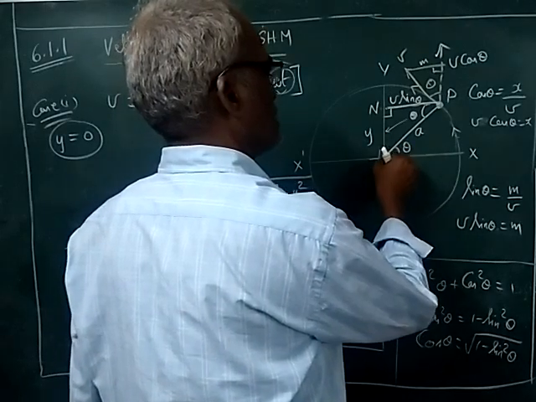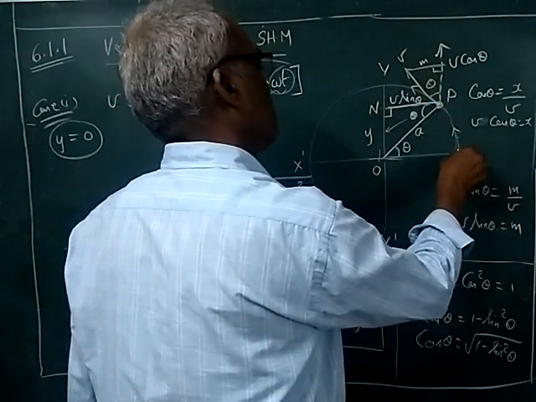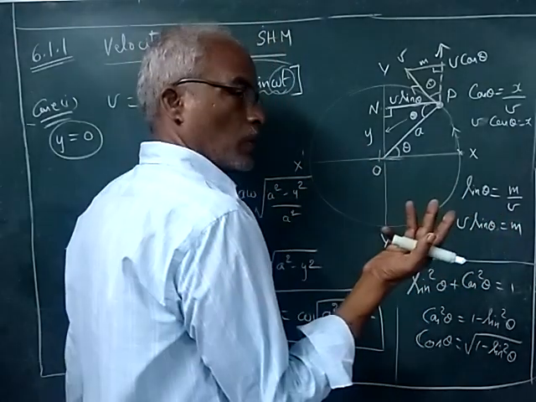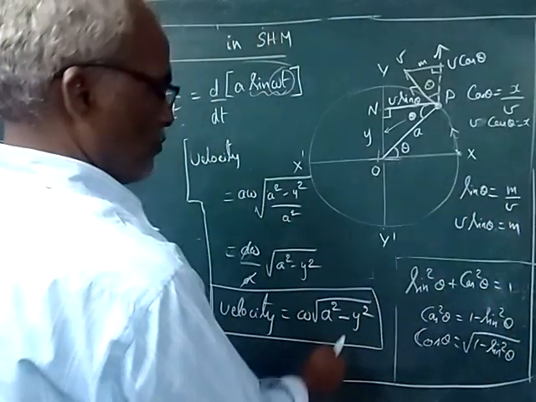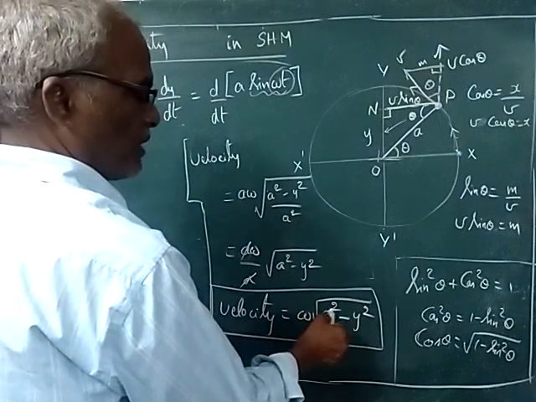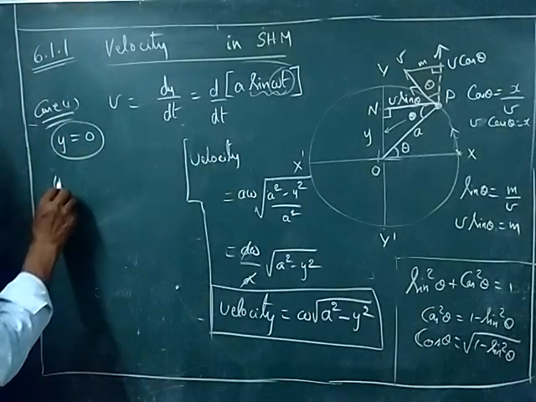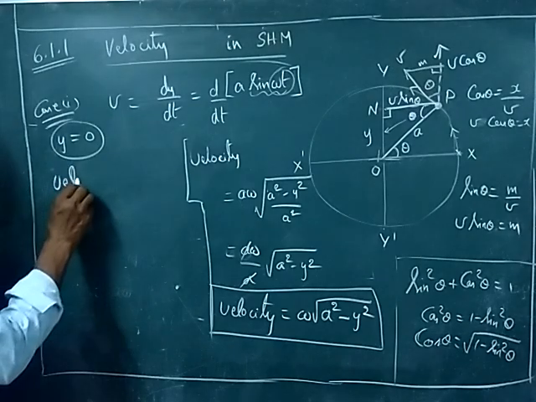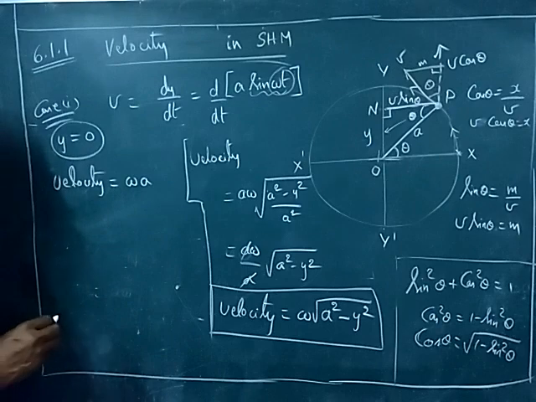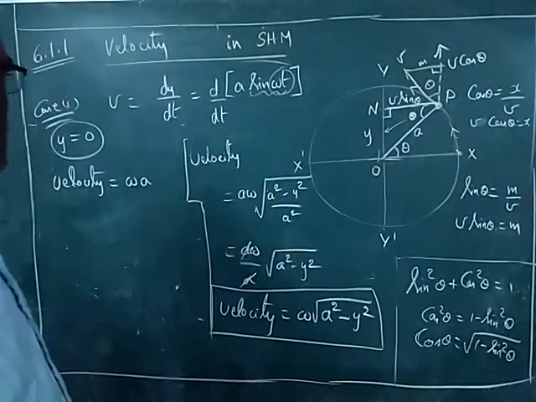That means the initial point of the particle is here. Therefore angle theta is 0. Therefore no displacement, y equal to 0. If y equal to 0, this value becomes 0. Therefore square root of a square is a. Therefore velocity is equal to omega a. That is angular velocity multiplied by radius of the circle will give you the velocity.